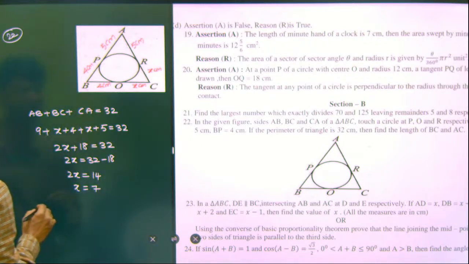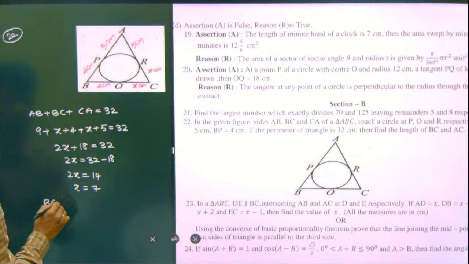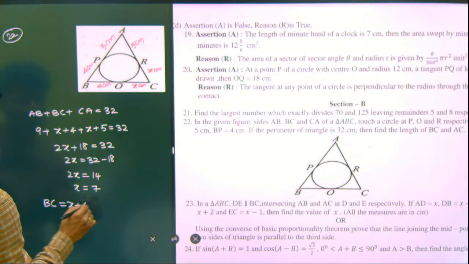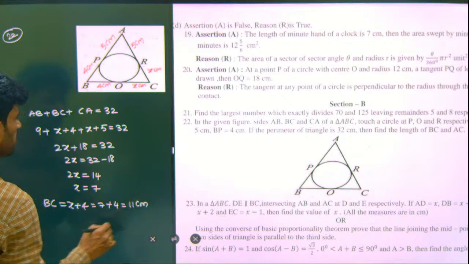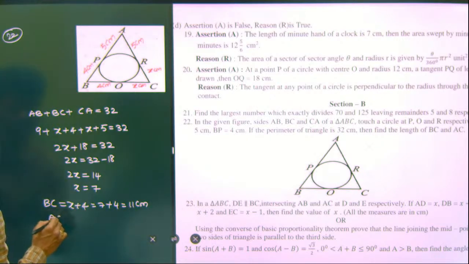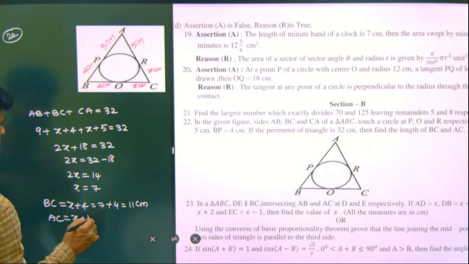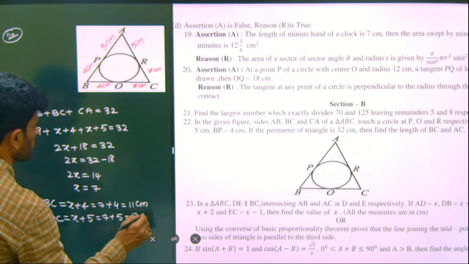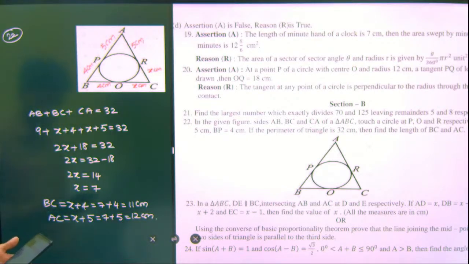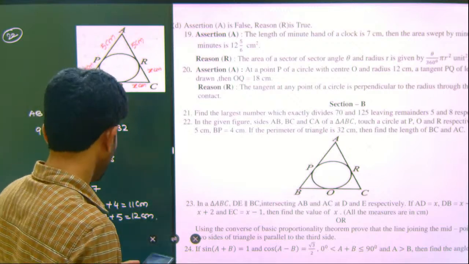If x is equal to 7, we want BC. BC is equal to x plus 4, which is 7 plus 4, 11 centimeters. And one more, AC. AC is equal to x plus 5, 7 plus 5, which is 12 centimeters. Hope you understood these two, 11 and 12 centimeters.